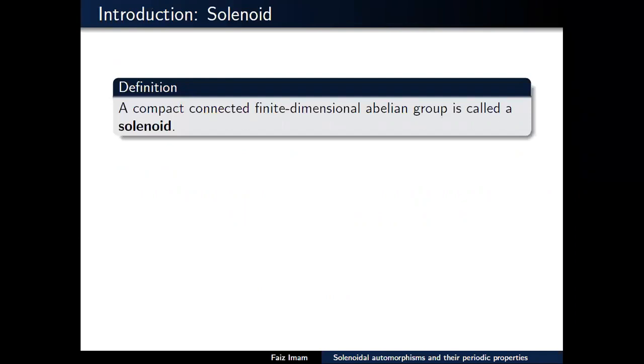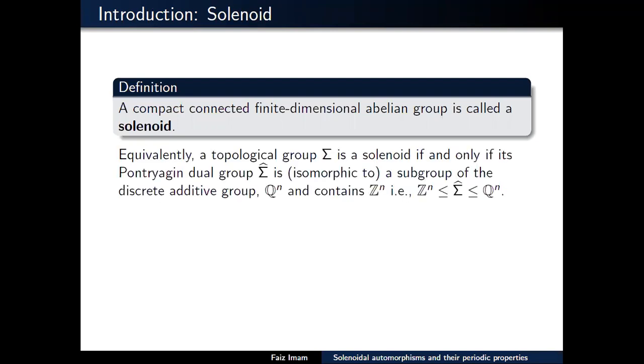So how do we formally define a solenoid? A compact, connected, finite dimensional abelian group is called a solenoid. But there are equivalent alternate definitions. Equivalently, a topological group Sigma is a solenoid if and only if its Pontryagin dual group, Sigma hat, is isomorphic to a subgroup of the discrete additive group Q^n.